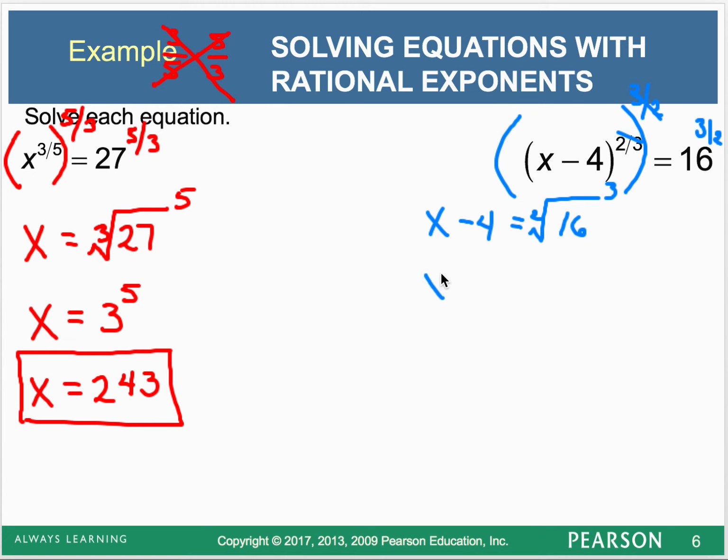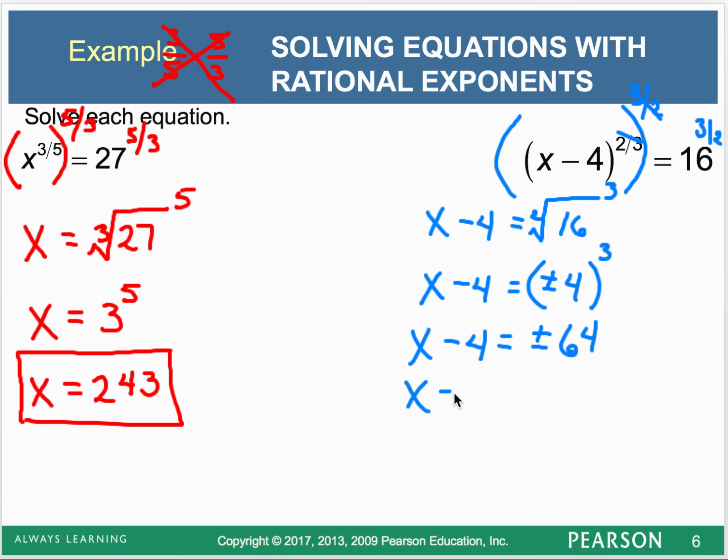Okay, so I have x minus 4 equals the square root of 16, don't forget, is plus or minus 4, plus or minus 4 cubed. Okay, so now x minus 4 equals plus or minus 64.